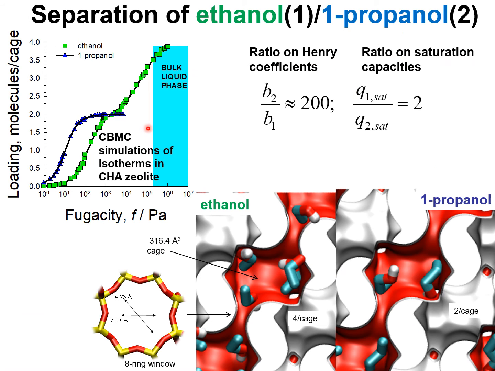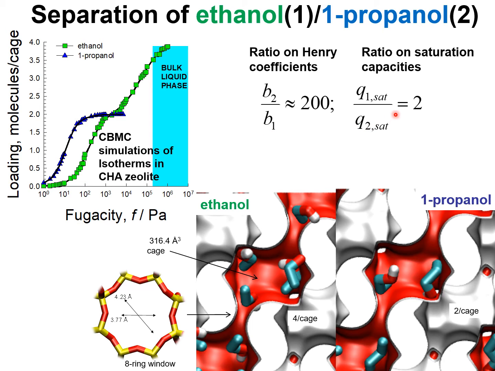We begin by analyzing the separation of mixtures of ethanol and 1-propanol. The unary isotherms of ethanol are shown here. This is for 1-propanol. The Henry constant for 1-propanol is 200 times higher than the Henry constant for ethanol.